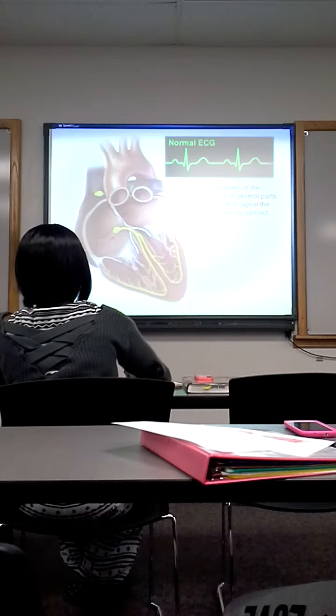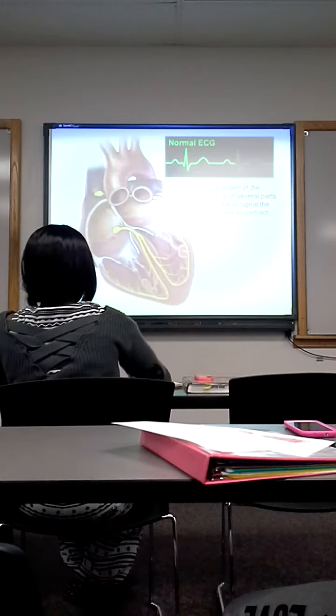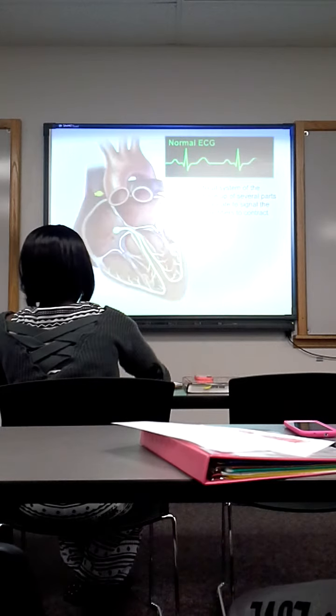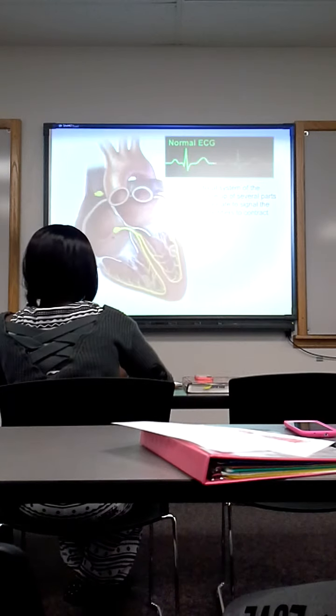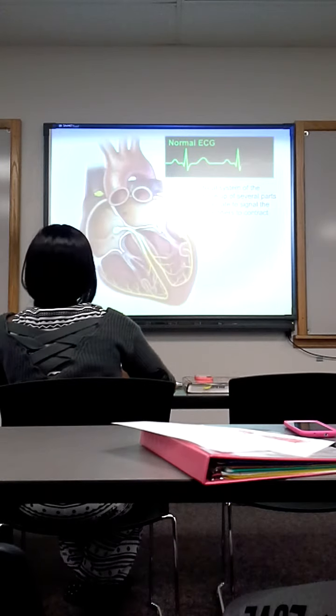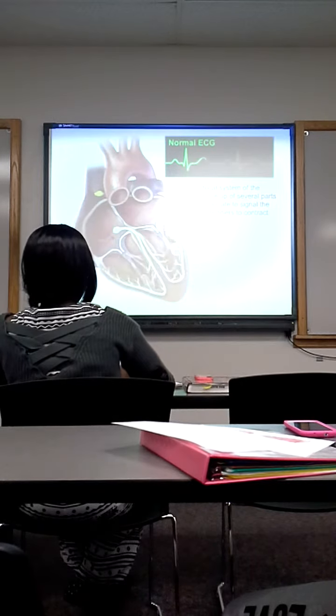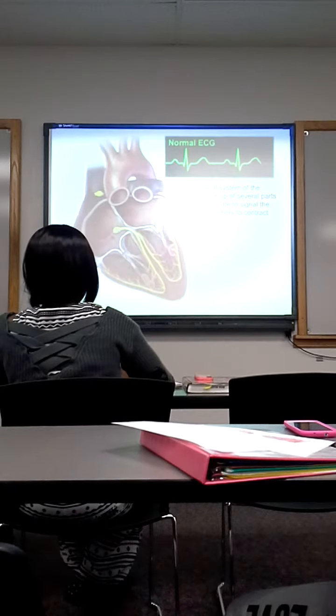We can monitor the electrical activity of the heart from the surface of the body. In fact, the heart is like the WDAF tower across the street over here. If we had a radio or a TV over here, we could pick up the signal being sent from that tower.